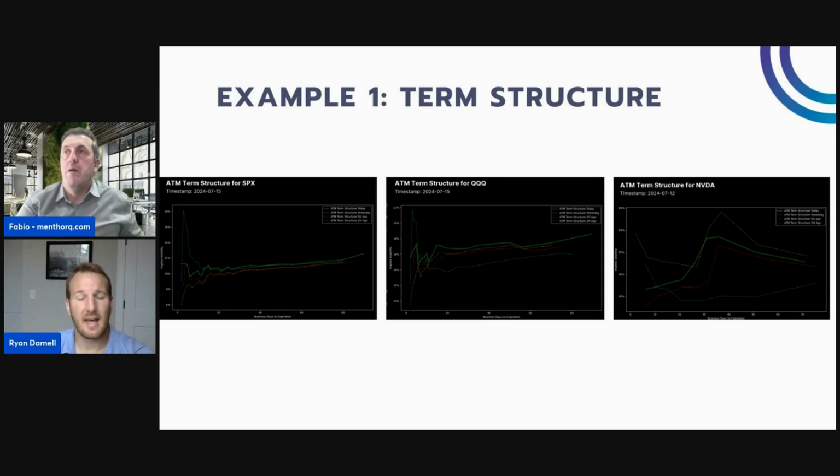And so together, the skew and the term structure give you the whole sense of, hey, if I want to buy options, I want to go find where I think the relatively cheapest place to buy options is in the volatility surface using both term structure and skew. If I want to sell options, vice versa, then I want to find the most expensive implied volatility to sell.